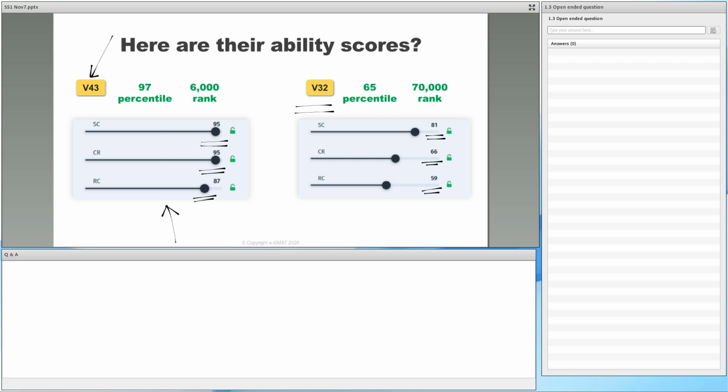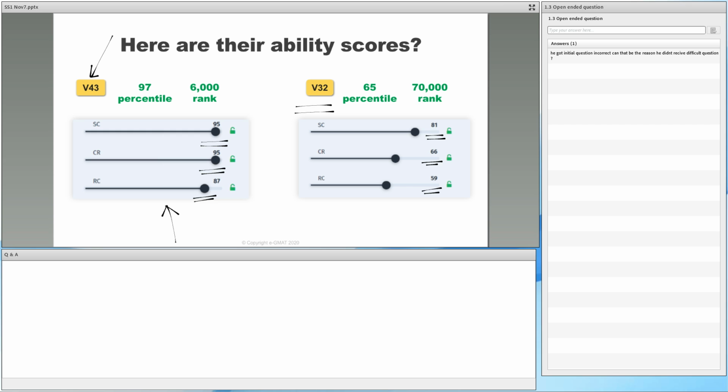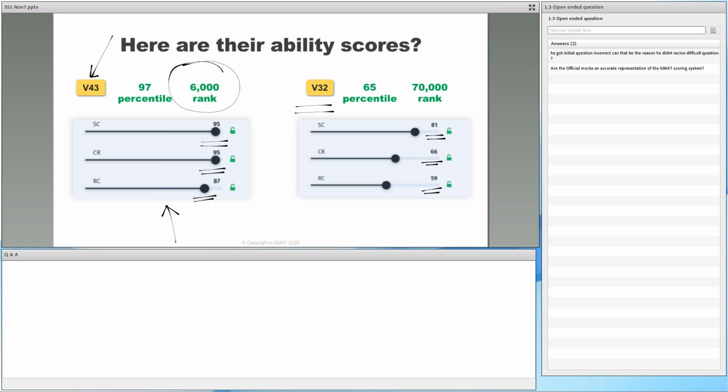So when I say that the GMAT's a test of your abilities, that ability part is not a vague thing. It's actually a mathematical number that the GMAT computes internally. And then based on this, he basically received harder questions.